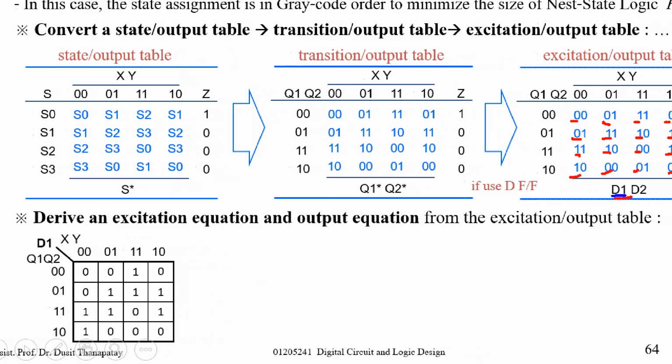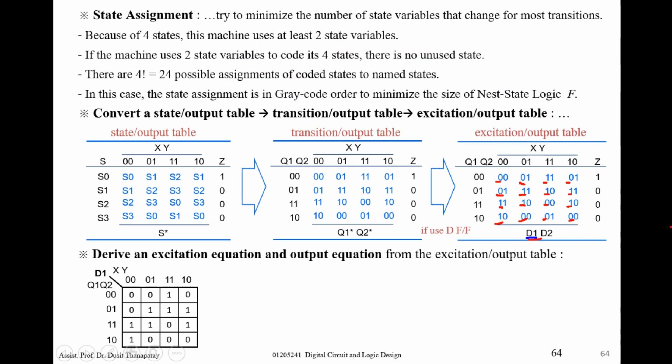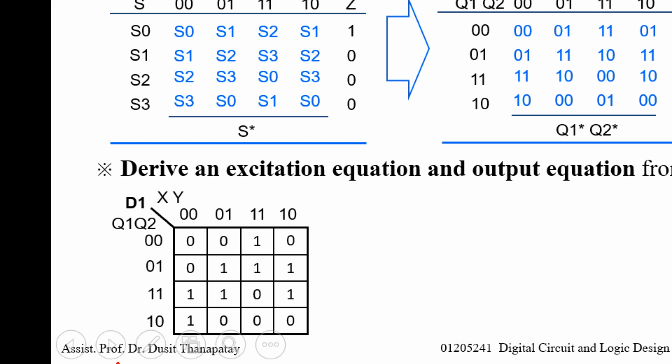Just be careful about the order of input xy and state variable. In a Kmap, you must write in the order of gray code.